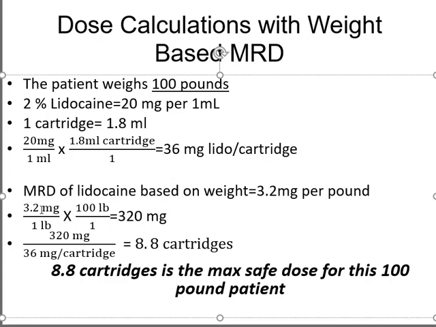So we have 3.2 milligrams per 1 pound multiplied by the 100 pounds, the patient's weight, and that gives us 320 milligrams. So for this 100-pound patient, they can only receive 320 milligrams. How do we convert that to cartridges? We put the 320 milligrams in the numerator, the 36 milligrams per cartridge in the denominator, the milligrams cancel out, and you end up with 8.8 cartridges as the maximum recommended dose of lidocaine for this 100-pound patient.